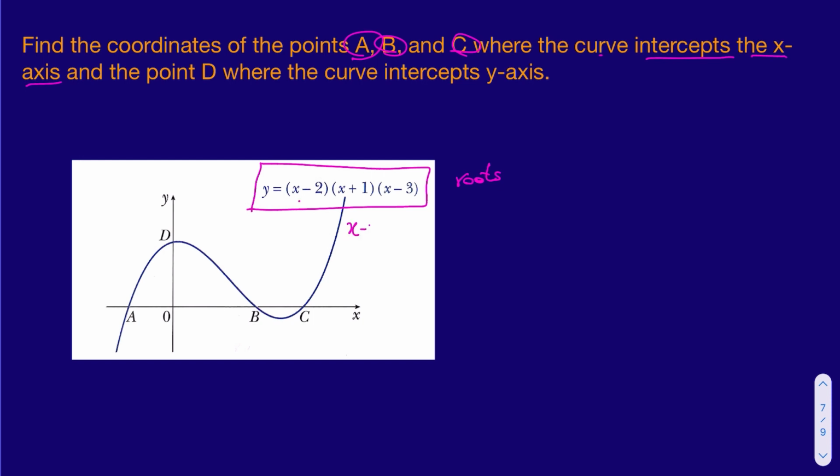So x minus 2 is equal to 0, x plus 1 is equal to 0, x minus 3 is equal to 0, which in this case x will be equal to 2. This is root number 1, and the next one, x will be equal to negative 1, and the last one, x will be equal to 3. So this is the third root.